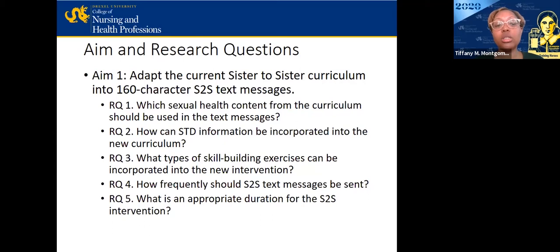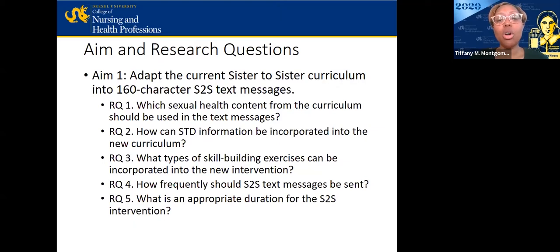So short, very pointed messages that would take the curriculum, which was a 20-minute curriculum, and somehow text that information to people who couldn't get to clinics where this curriculum is usually implemented.